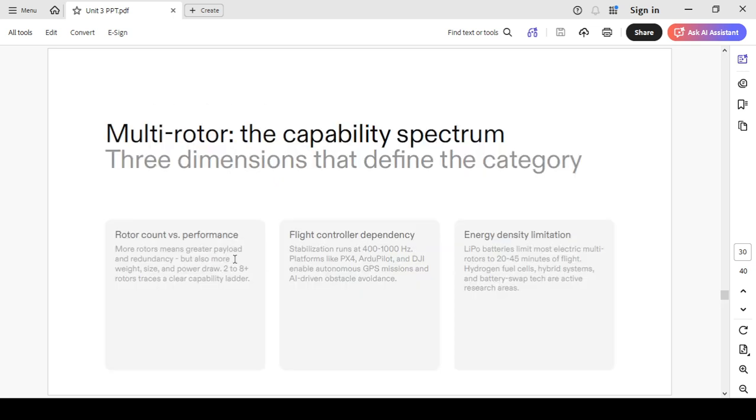For capability, the system is rotor count versus performance: how many rotors you involve, and what amount of performance will be taken care of. You will require more power, as you add more motors and more propellers. Flight control dependency is around stabilization running at 400 to 1000 Hz.